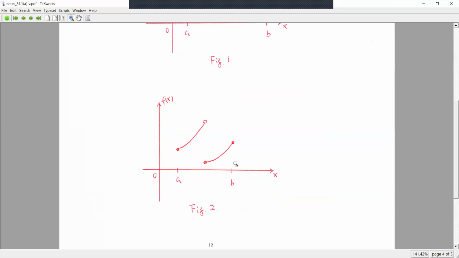This time I let the curve have a jump here. Then over this interval AB, the function has no maximum. This point is the highest point, but this point is not part of the function. At this point, there is no function value. So this function has no global maximum function value over this interval AB.